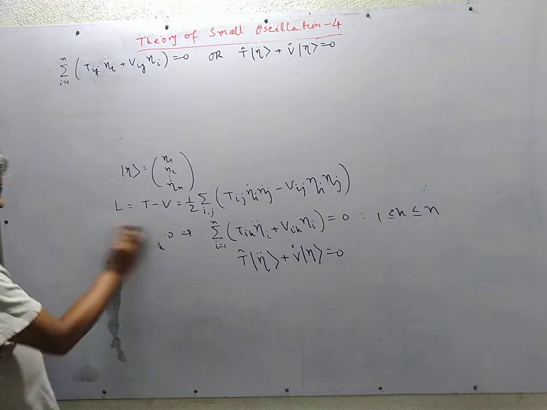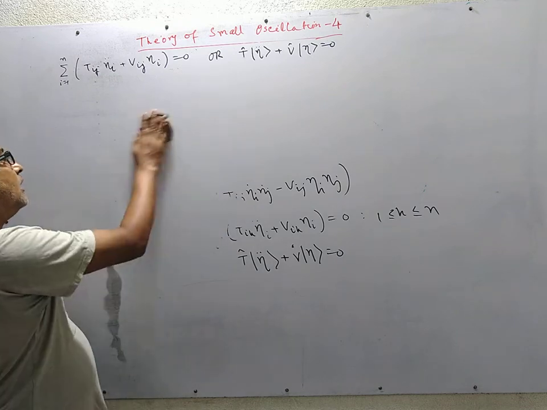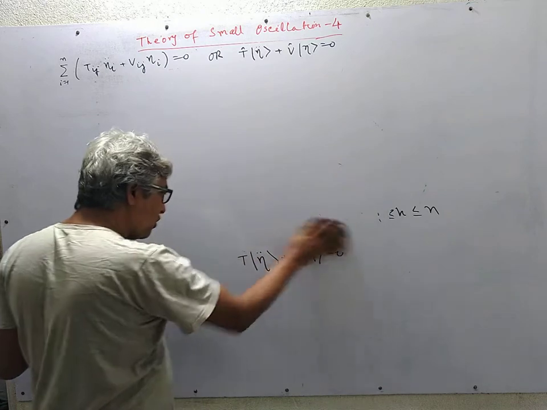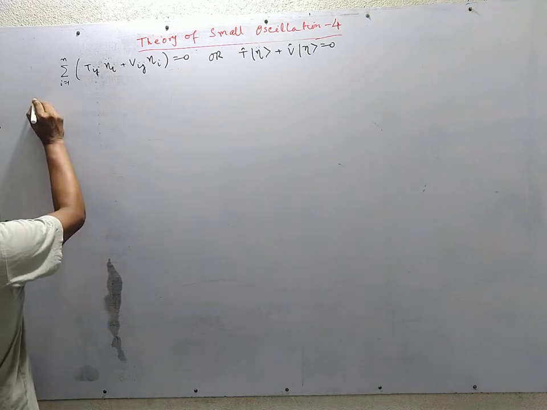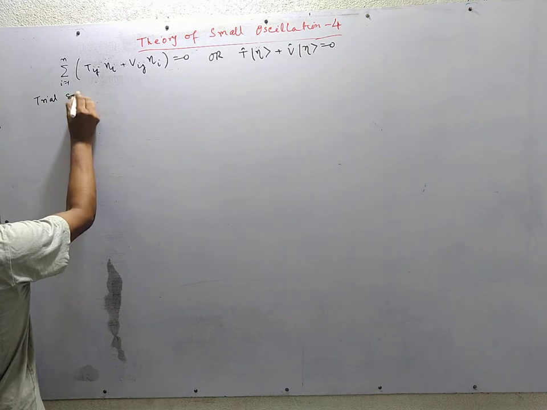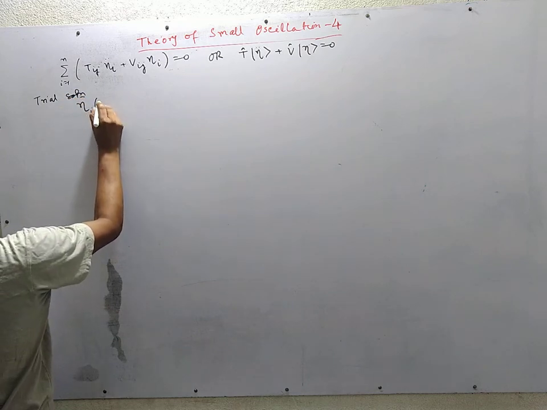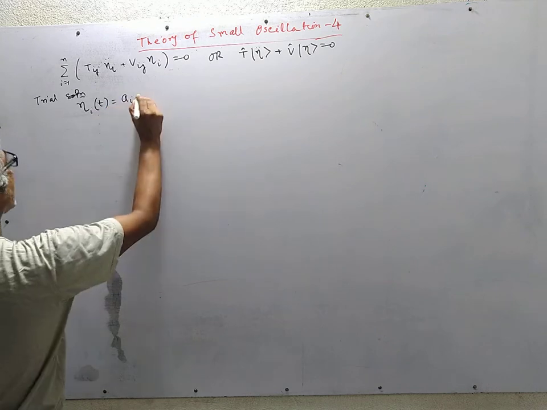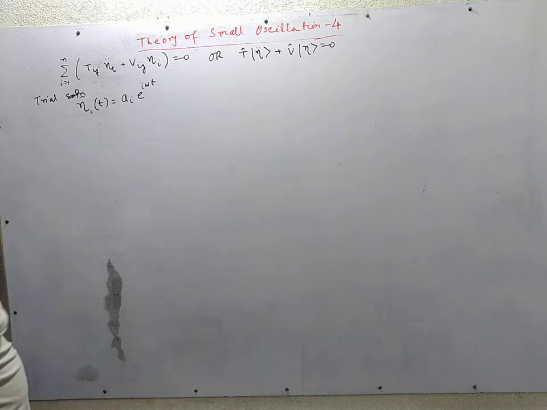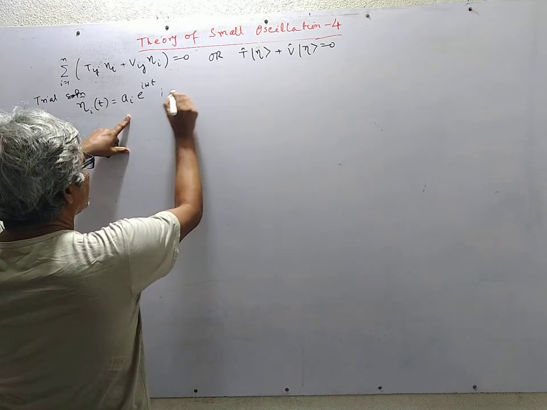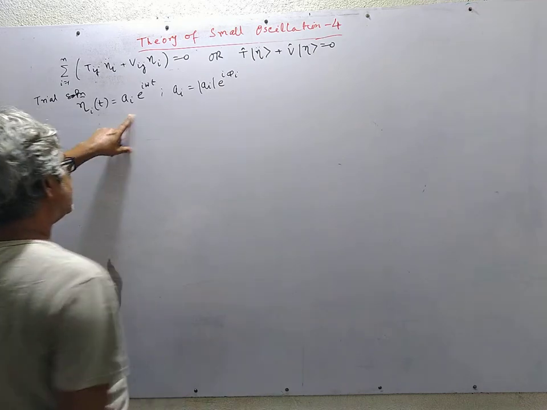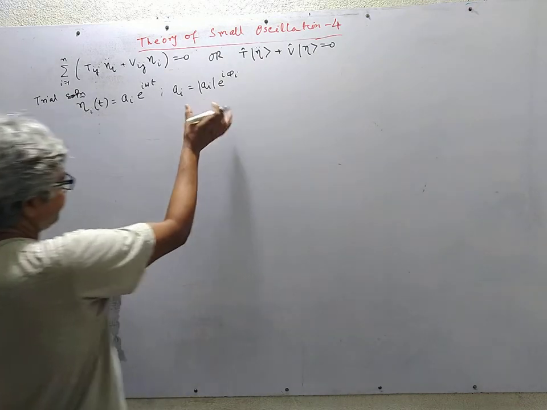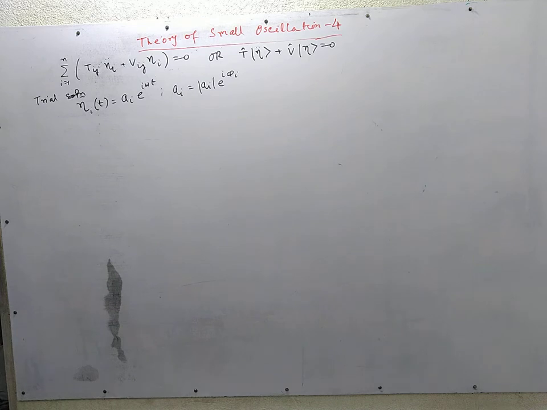Now we are to solve this equation. Since we are solving for a system which oscillates with small amplitude about its stable equilibrium configuration, we assume a trial solution: eta i as a function of time is equal to ai, its amplitude, e to the power i omega t, where ai in general may be a complex quantity, and we can write ai is equal to modulus of ai e to the power i phi i, where phi i is the phase, or we may write it in terms of two real quantities, say alpha plus i beta.